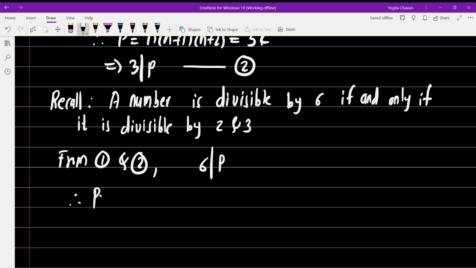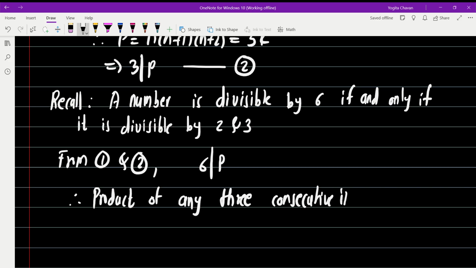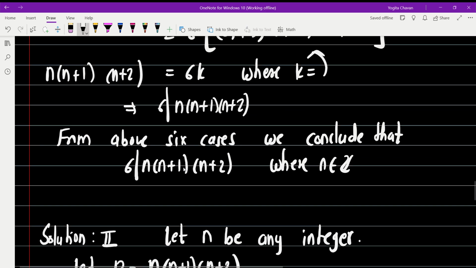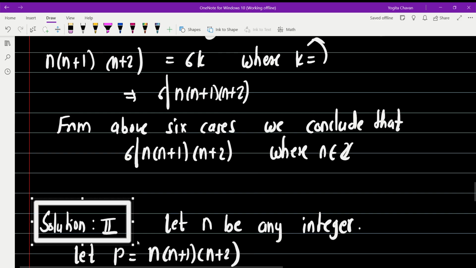Therefore, the product of any three consecutive integers is divisible by 6. Okay, so we have two different solutions for this problem. This is solution number 2.